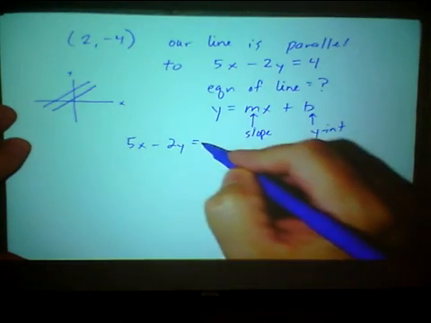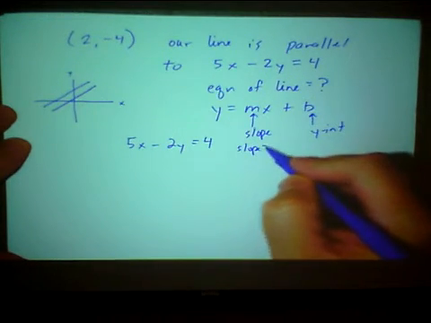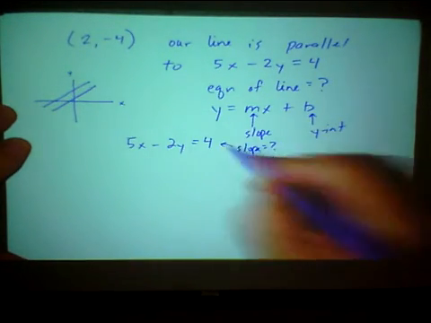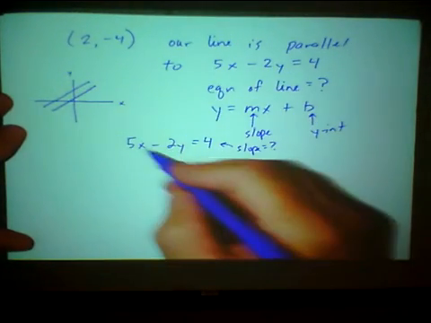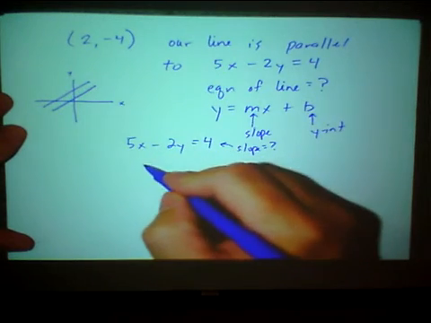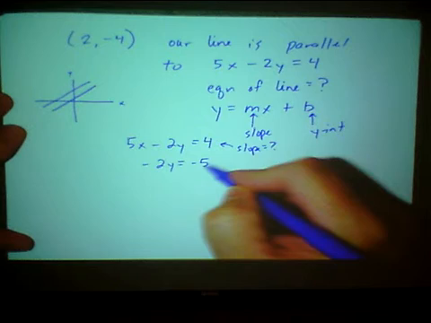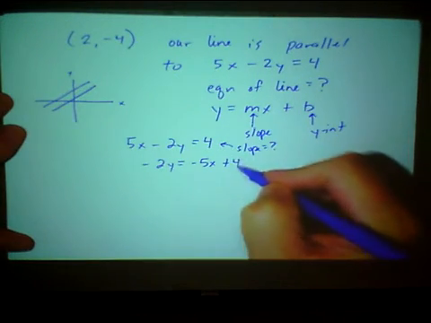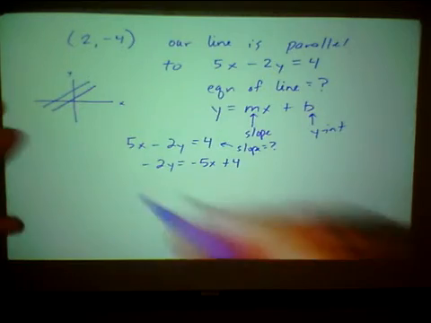So let's take the equation of the second line, 5x minus 2y equals 4, and I want to find the slope of this line. So I'm going to get y by itself. First thing I'll do is subtract 5x from both sides. Now to get y by itself, I'll divide both sides by -2.